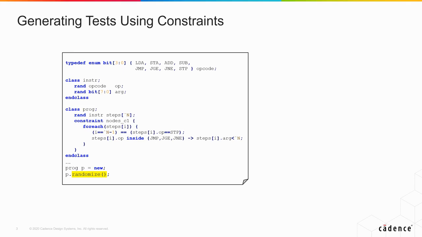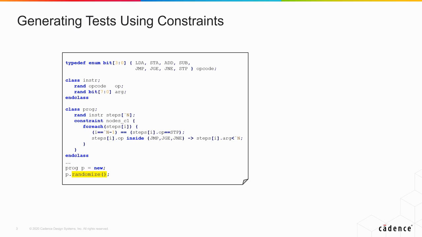Here, we only require two things. First thing is that the last instruction in the sequence must be a stop instruction. And the second thing we require is that the argument of any jump instruction should be within the sequence. So we would jump within the boundaries of the program to some other instruction. So it's all really simple.